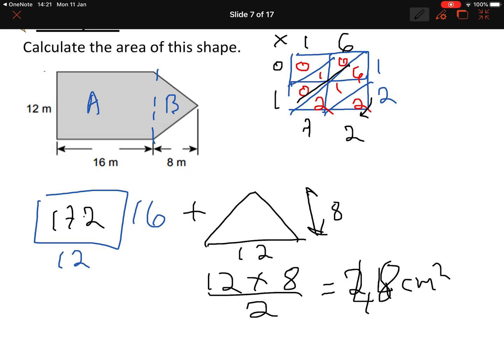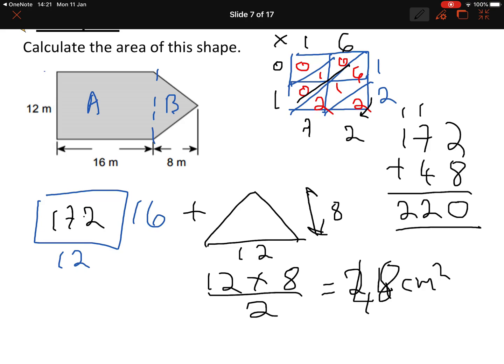Okay, so to get your answer, it's 48 plus 172. 2 plus 8 is 10. 12 there when you add this up. 1 plus 1 is 2.